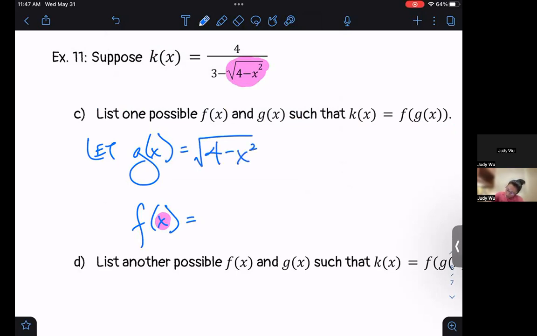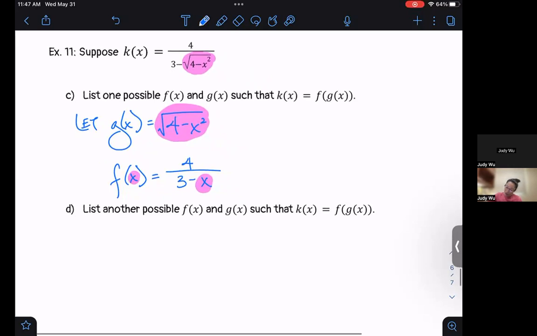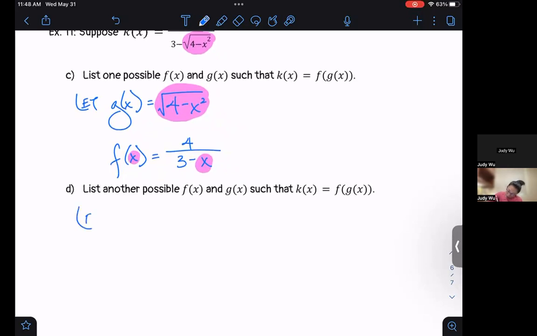And then f of x would be 4 over 3 minus just the x, because that's where we're going to plug in that square root of 4 minus x squared. Okay. This, I think, would be a pretty straightforward way to do it, but let's think about maybe another way. All right, how else could we break this down?